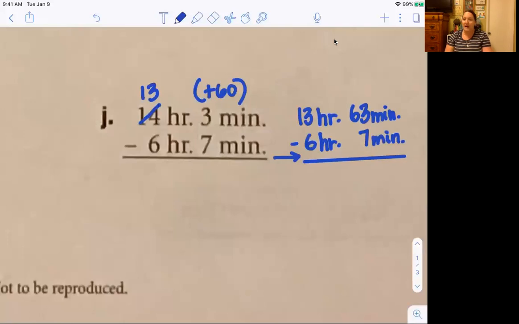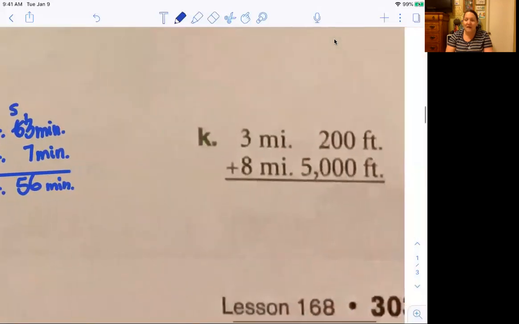Okay, let's go ahead and do that now. So 63 minus 7 is what? 56. 56 minutes. And 13 minus 6 is 7. 7 hours, 56 minutes.